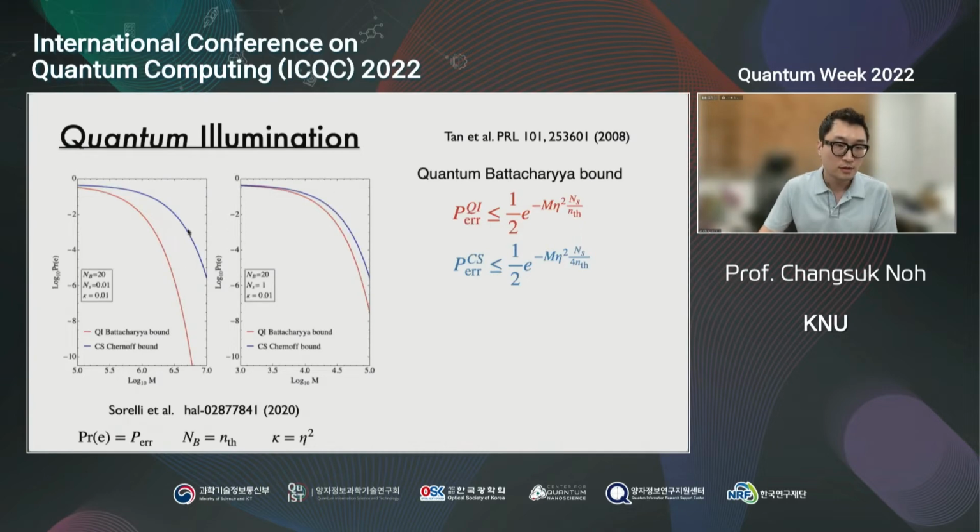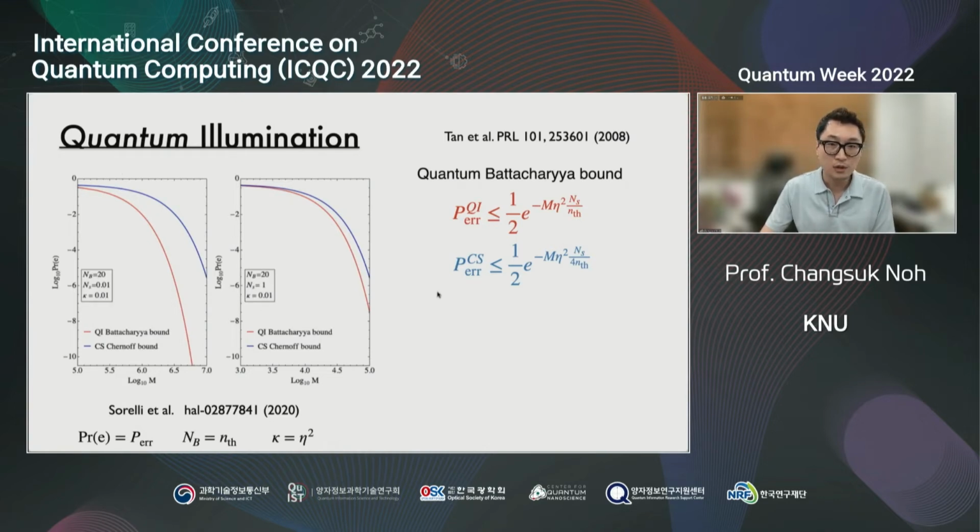Okay, so this summarizes the quantum illumination of the paper. That was the error exponent we saw just now. If you calculate the quantum Bhattacharyya bound, not the Chernoff, you see that it is 4 times larger than the error exponent for the coherent state. That's what's shown here. The thermal photon number is 20, the signal photon number is 0.01, small, and kappa is eta squared, so 0.01.